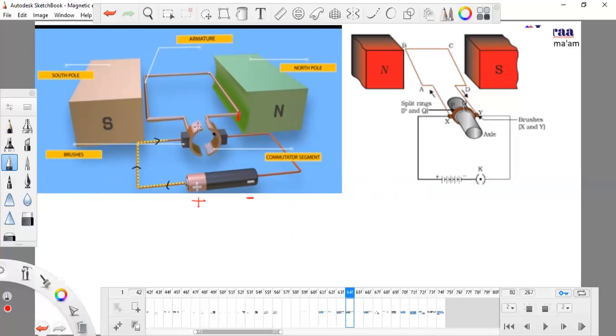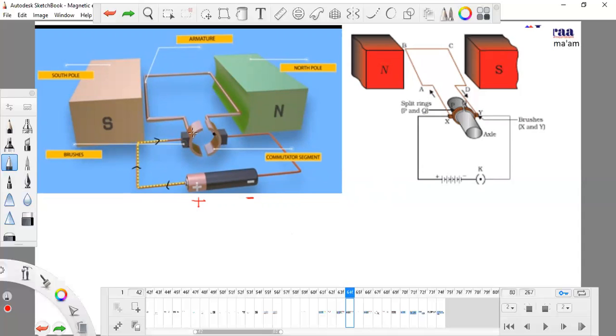The metallic thing here is different because these brushes are made up of carbon. Don't think that carbon is a non-conductor, though it conducts a very small amount of electricity. Again you can see the metallic part, and this is again a metallic part. This is the armature, and it will move.